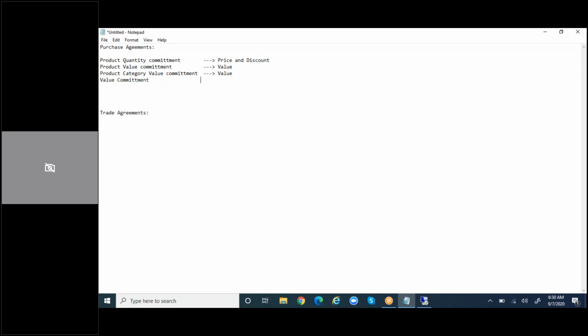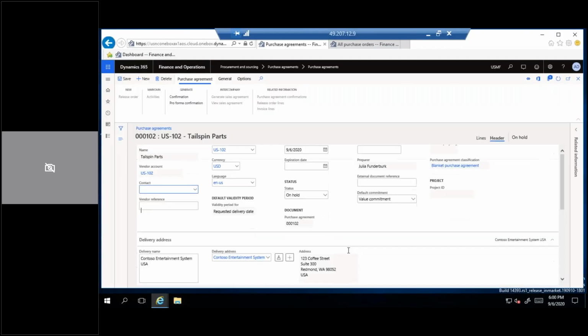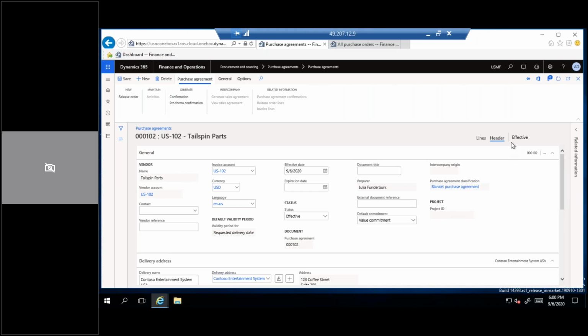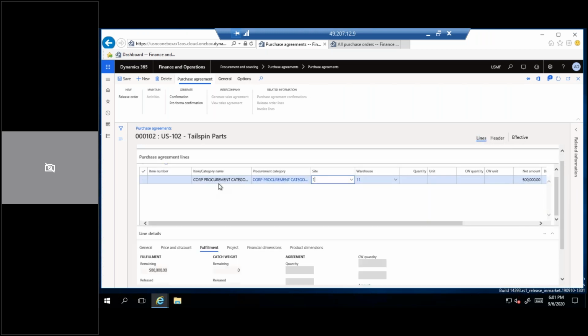Value commitment means you can purchase any category; the entire procurement category hierarchy will be available and you can select any category.